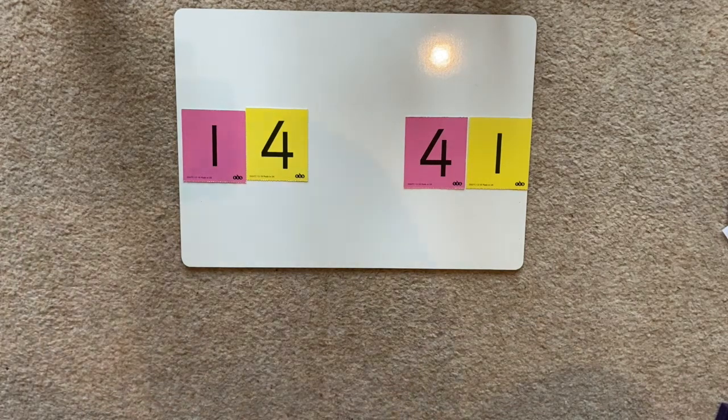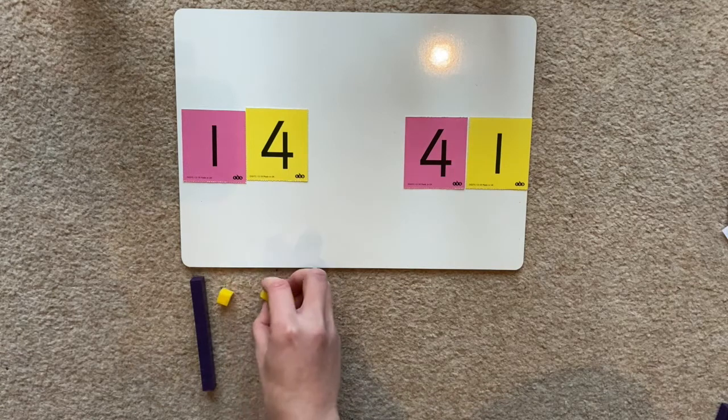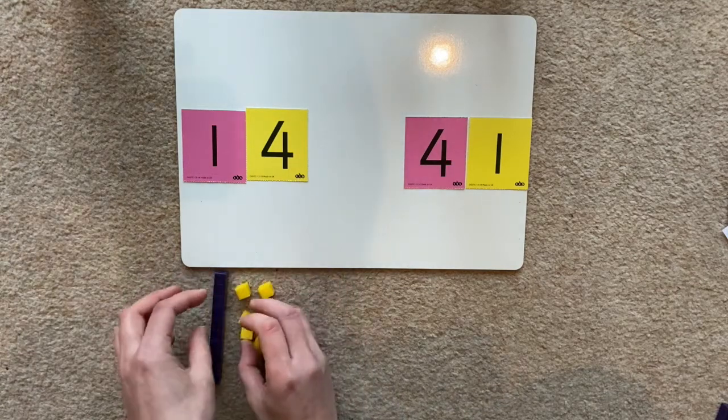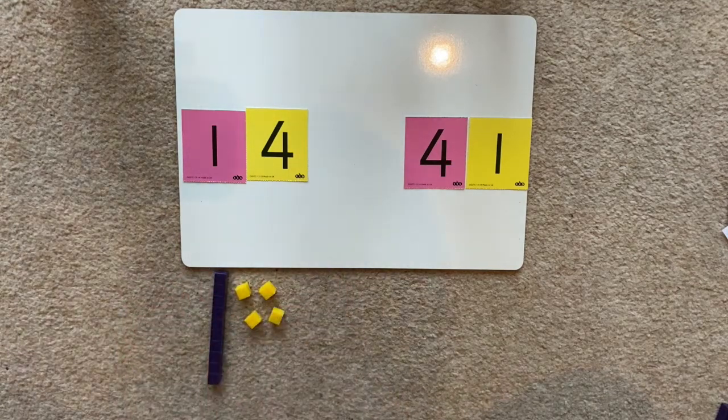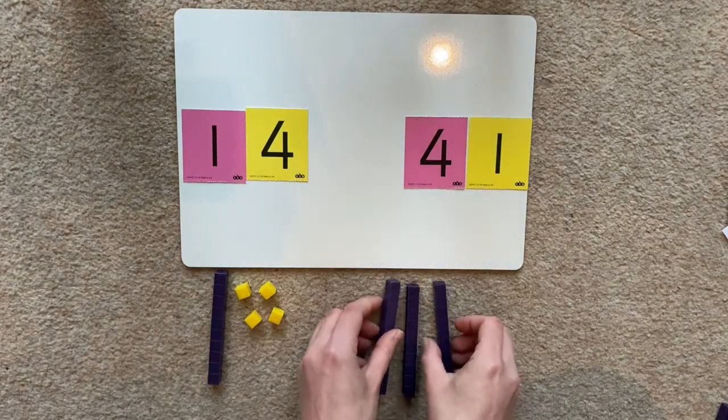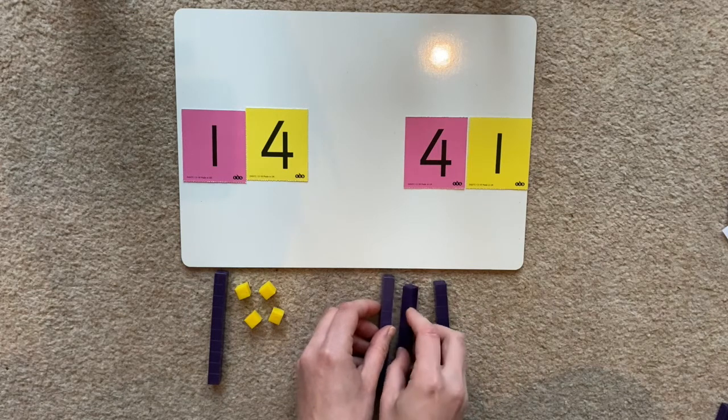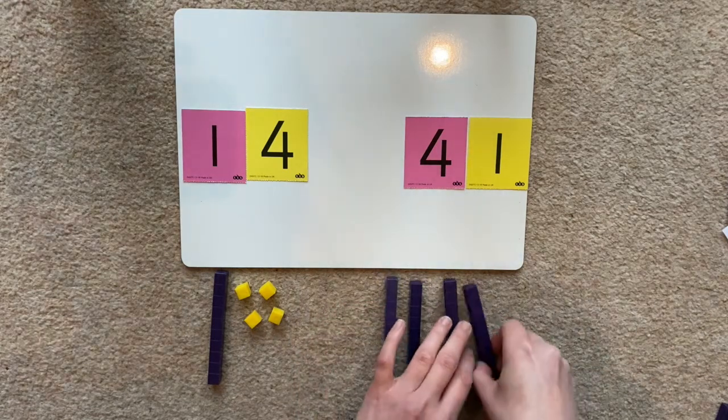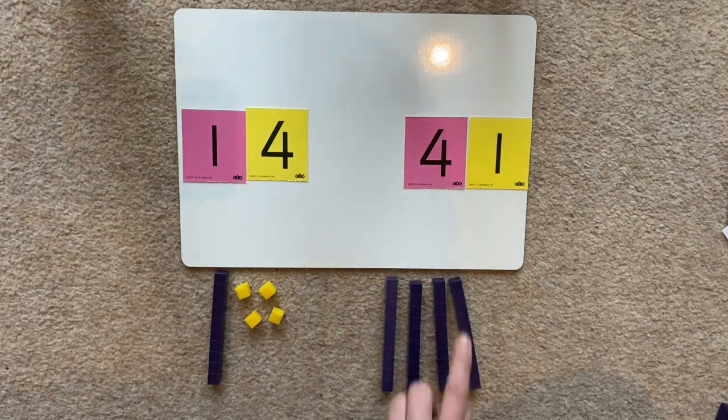Fourteen has 1 ten and 4 ones. 1, 2, 3, 4. 41 has 4 tens. Oops, 4 tens and 1 one.